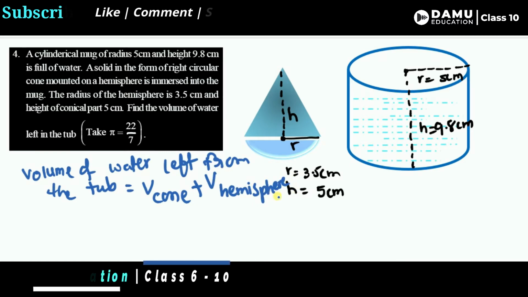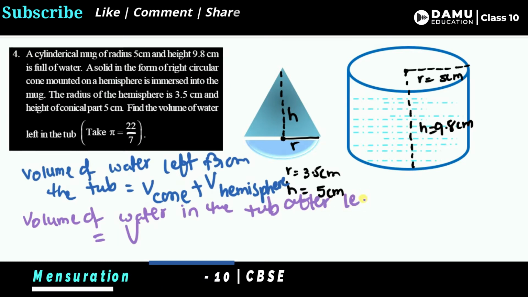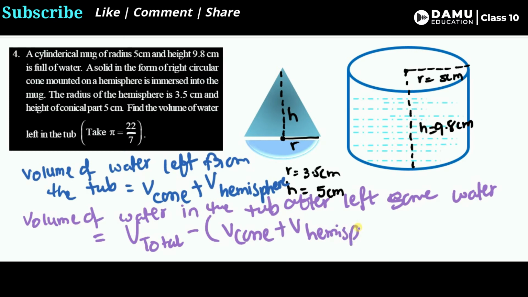So the formula will be: volume of the water left in the tub, that is the volume of water in the tub after removing water from it, will be equal to the total volume of the water minus the volume of the cone plus the volume of the hemisphere. So this is the thing.